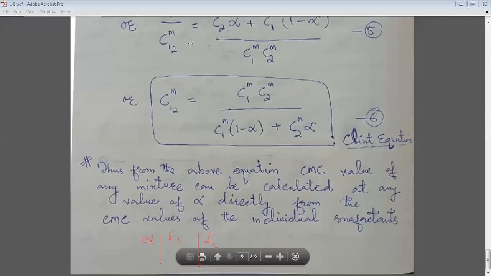I am also running out of time, but you will calculate. Don't confuse it, this is C1, this is C2, this is C12, that means mixture. Suppose alpha is 0.1, 0.2, 0.3. Okay, suppose take the surfactant 1 as 0.0009 and surfactant 2 as 0.008. For all these cases calculate C12M and also show what you will find, whether the CMC is greater or less than the individual ones.